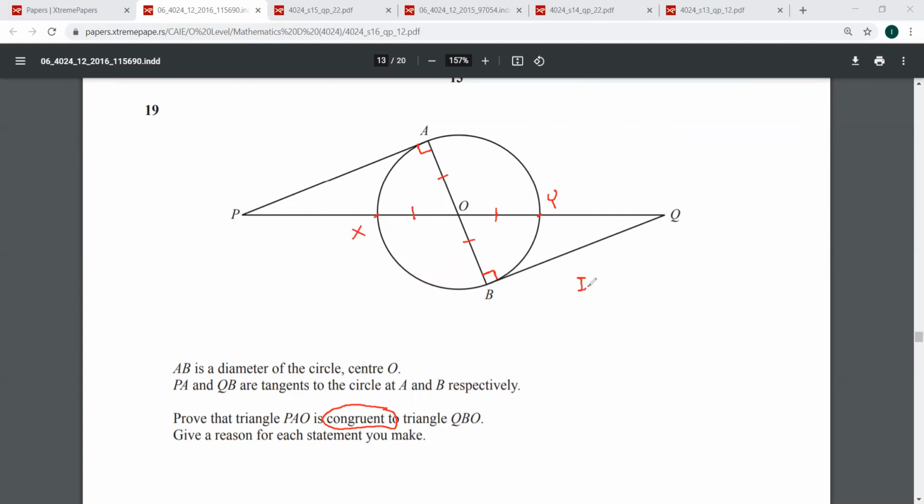You have to say in triangle PAO, in correspondence with the triangle QBO. First of all, I can say that OA from here is equal to OB from the other triangle, and they are both radii, radii of the same circle.